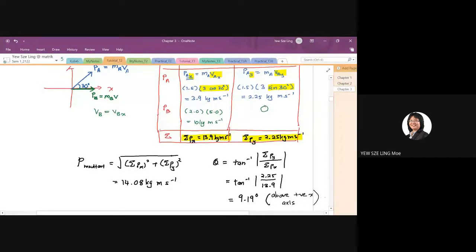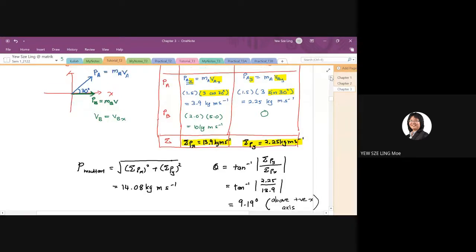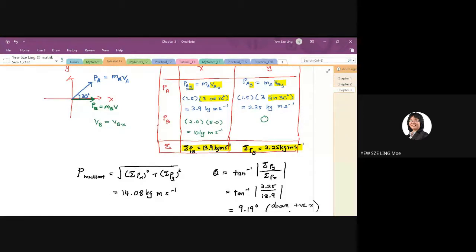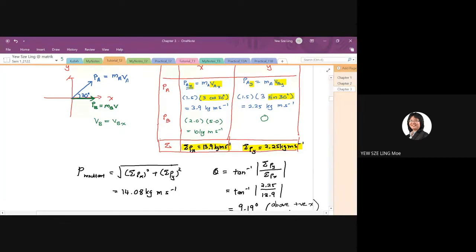So above positive x axis, that is your final answer. So this is the complete answer for question 4, I think. And this is how you solve it when you have a vector in 2D, a vector located in between the x and y components.